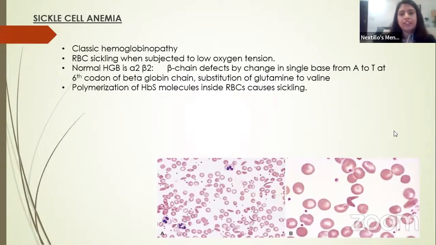But again, you'll find some amount of sickle cells in the peripheral blood, because due to repeated cycles of sickling and coming back to normal shape, the RBC membrane gets defective, and some then remain in that sickle shape. So you can see those elongated sickle-shaped cells in the blood.